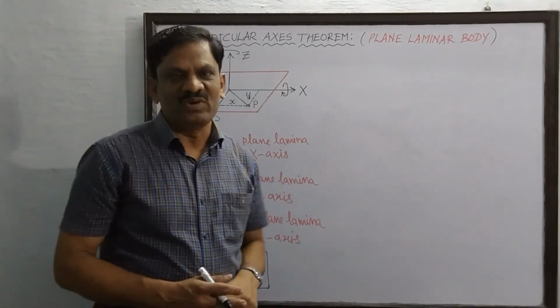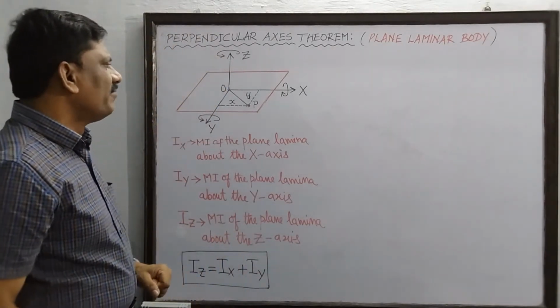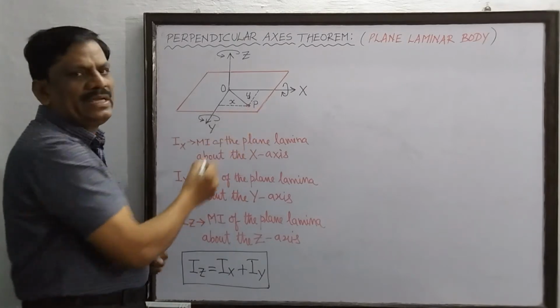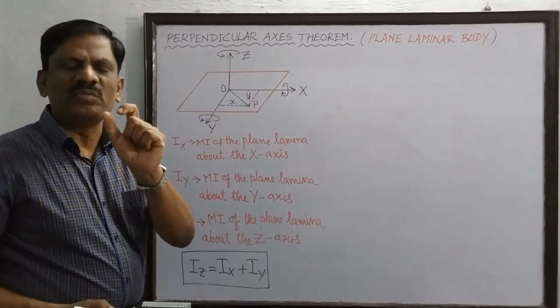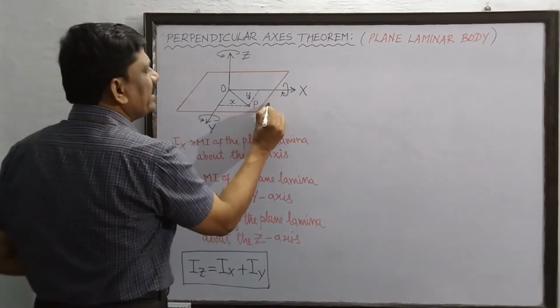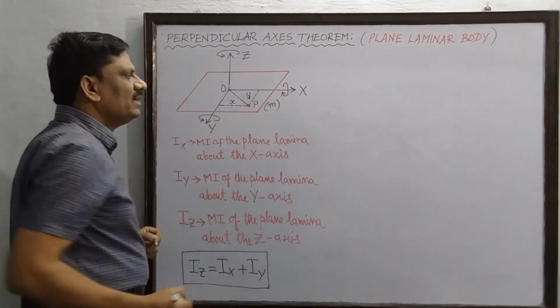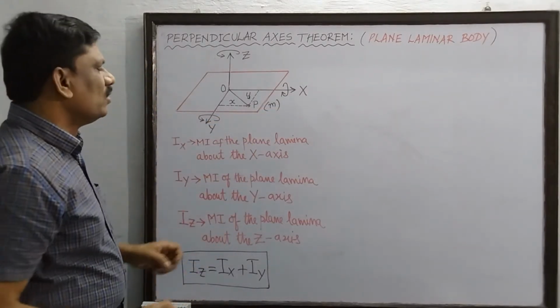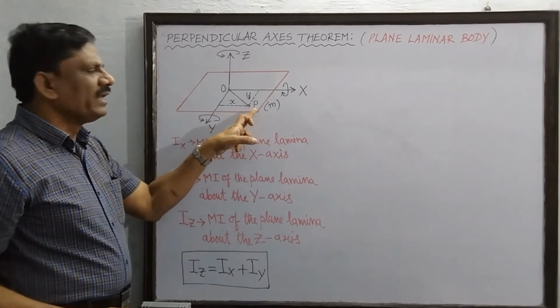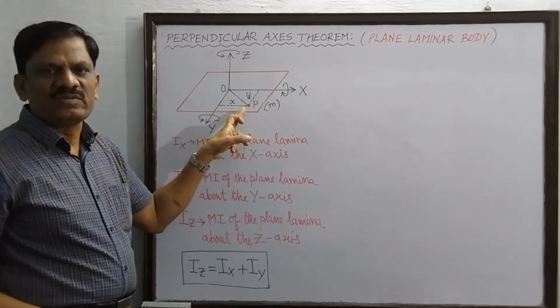We are going to prove it now. So for the proof, first I will consider a particle P, which is considered to be a point mass. Okay students, so its mass is a small m, that is a point mass. So you will see the coordinates of P, the x coordinate as well as the y coordinate.